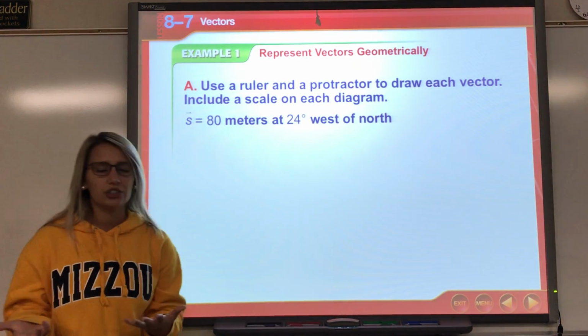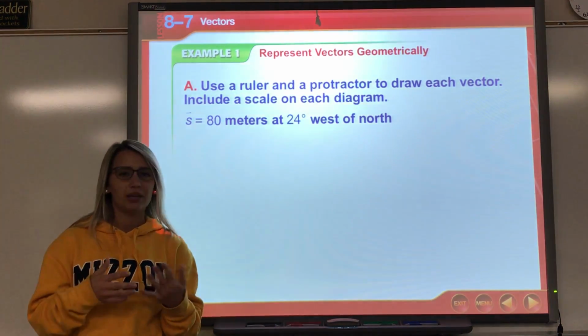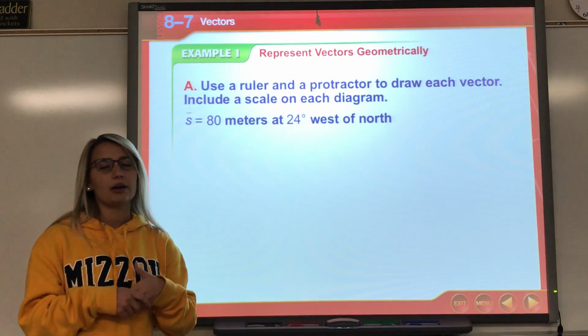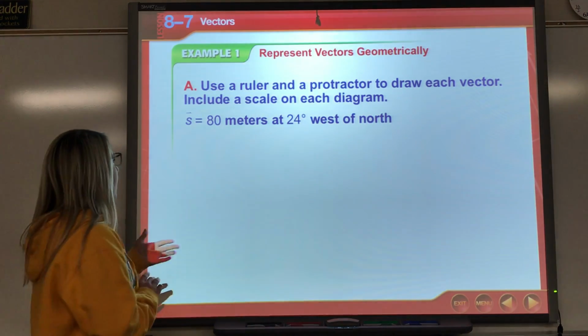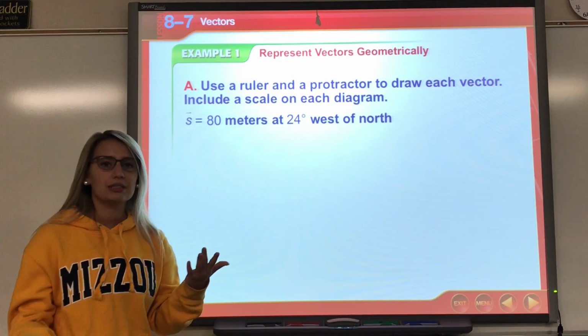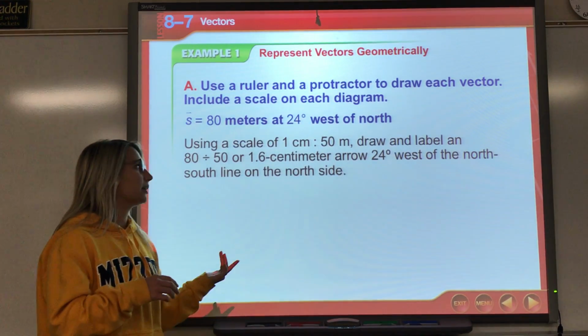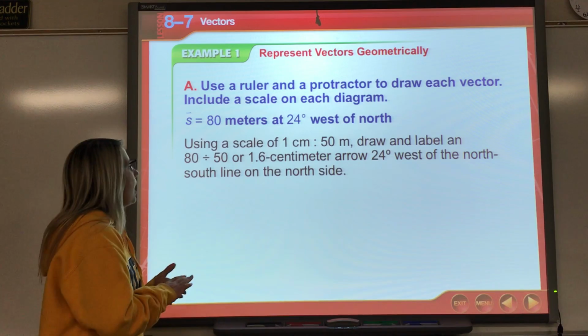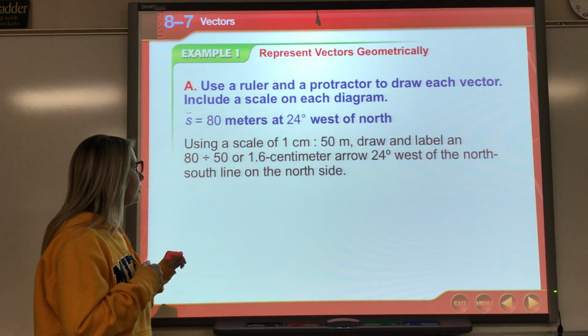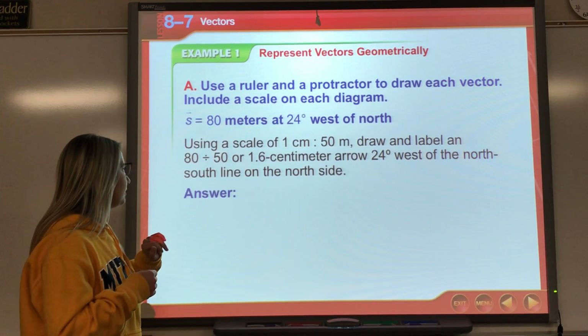Well, if you were to actually draw this, you wouldn't want to draw something 80 meters long because that would be super inaccurate. So we would have to find some sort of scale. So they're using a scale of 1 centimeter to 50 meters. And then you can draw the vector.